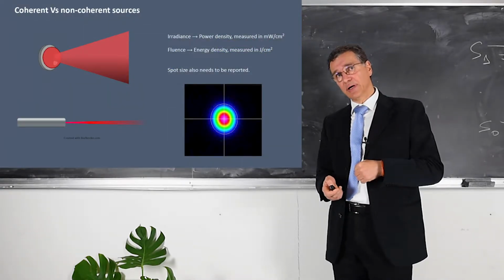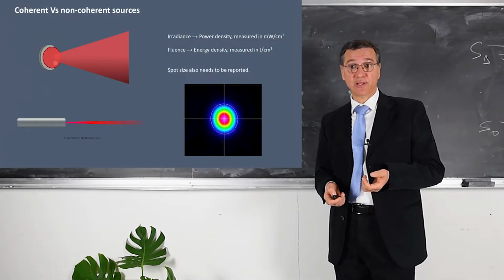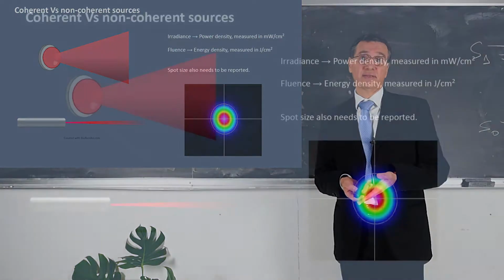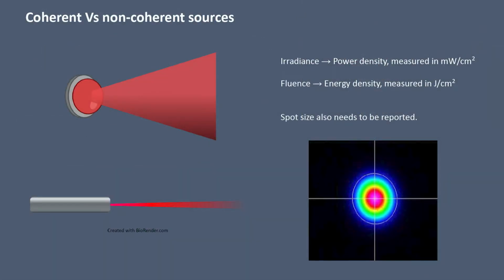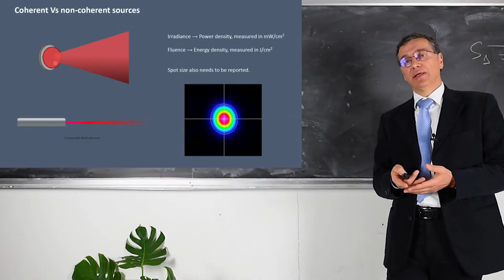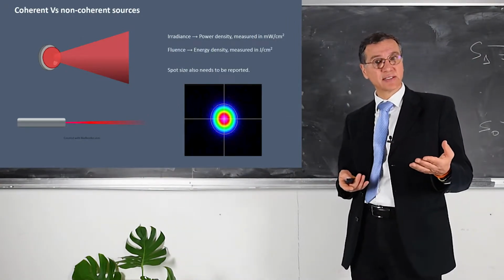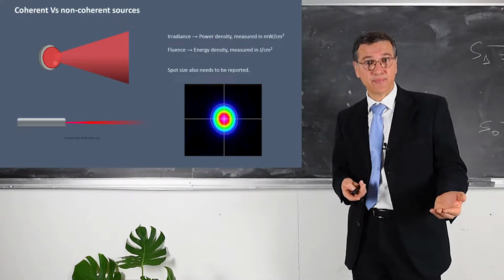But another characteristic that we have with lasers is that lasers are collimated. So I'm able to concentrate the photons on a much smaller spot than a LED, which is a much larger illumination. So in terms of brilliance, irradiance, and fluence, the lasers are winning.